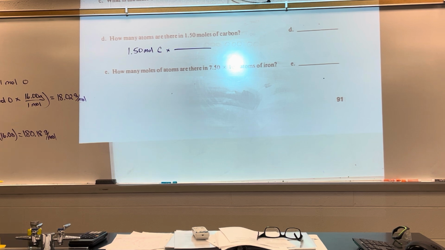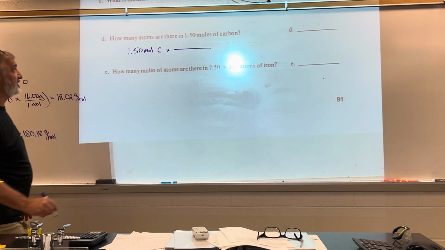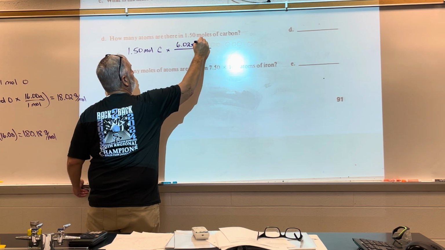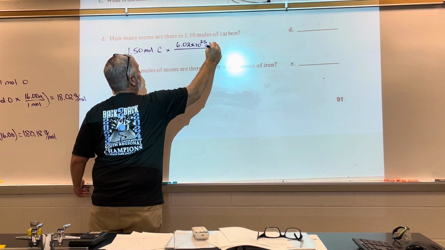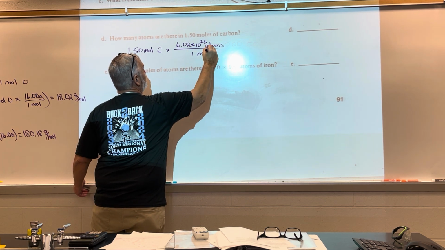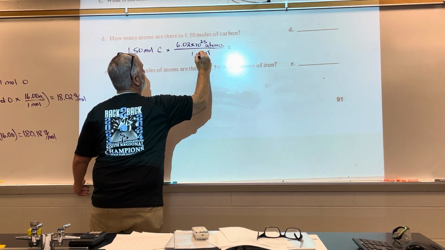Avogadro's number, right? So where does moles need to go again? So what goes on top? That number, 6.02 times 10 to the 23rd atoms over, and it's always 1 mole. Moles cancel.